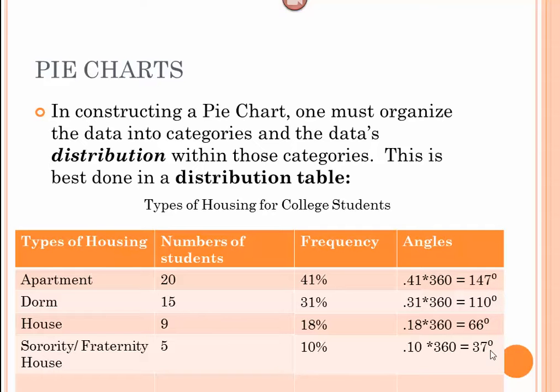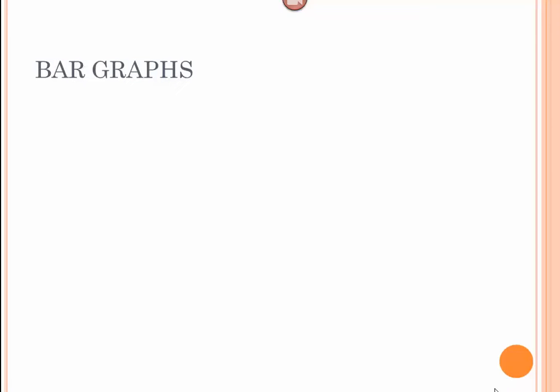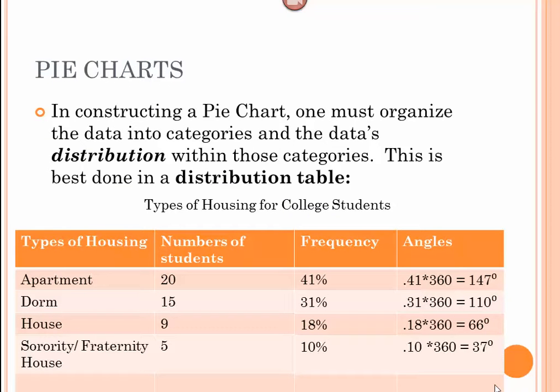And so we get these degree measurements for each piece of the pie. Then we take those pieces and we turn it into, as you saw in the previous slide, the pie chart. Now, like I said, I'm not going to have you make a pie chart, but that is how it would be done.